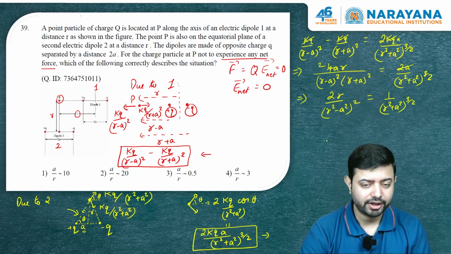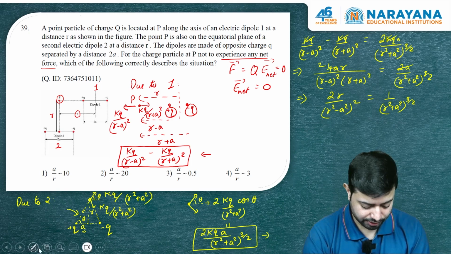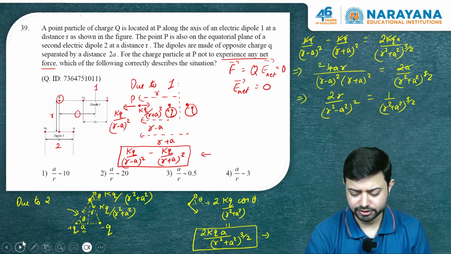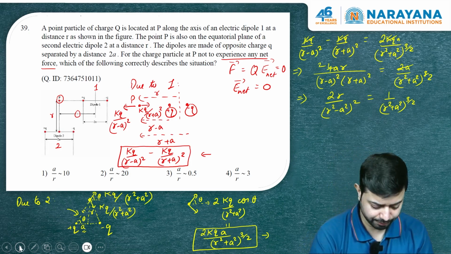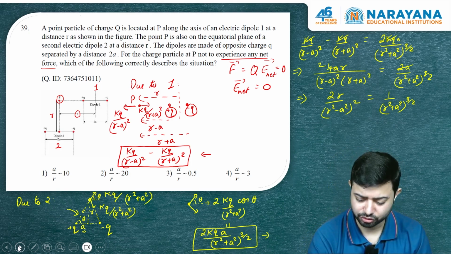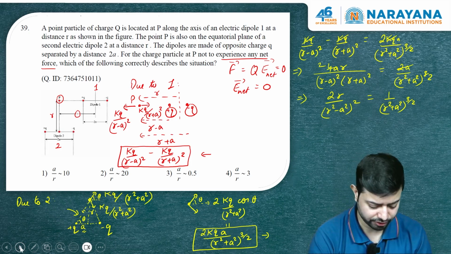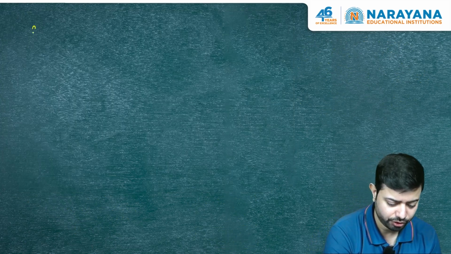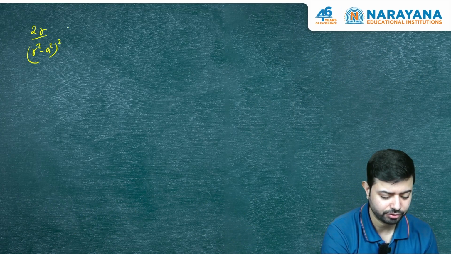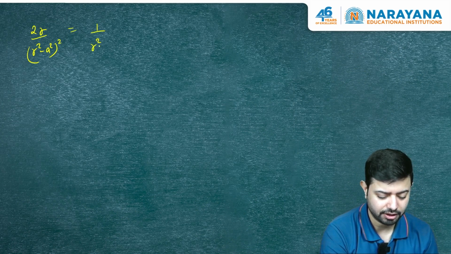You can further square it, right. So, this is the relation we are getting. Now, we will actually take this relation to the next page, right. So, this is how much? 2r by (r square minus a square) whole square is equal to 1 by r square plus a square raised to the power 3 by 2.